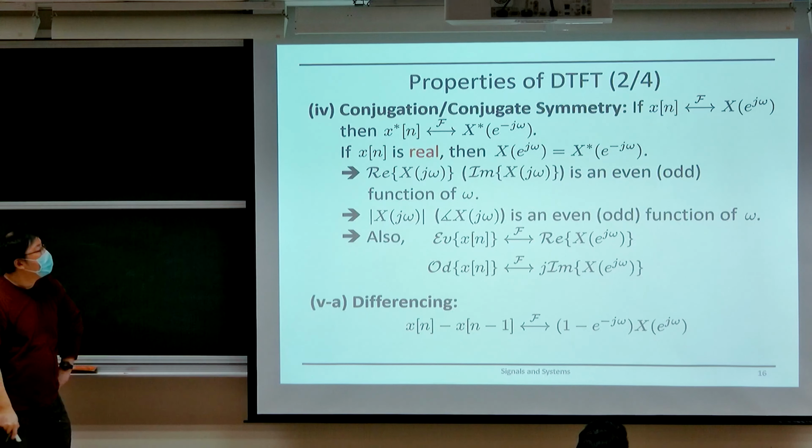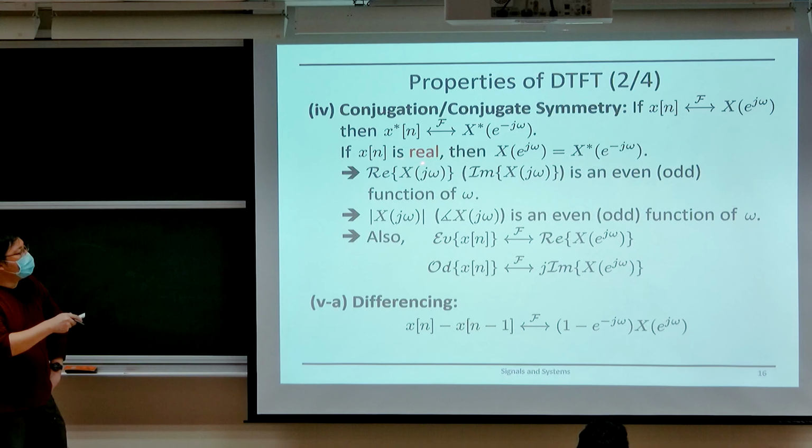Okay? So if your signal x[n] is real, which means that x[n] is equal to x[n] complex conjugate, then this means that the spectrum should be equal to this, which means that it is conjugate symmetric.